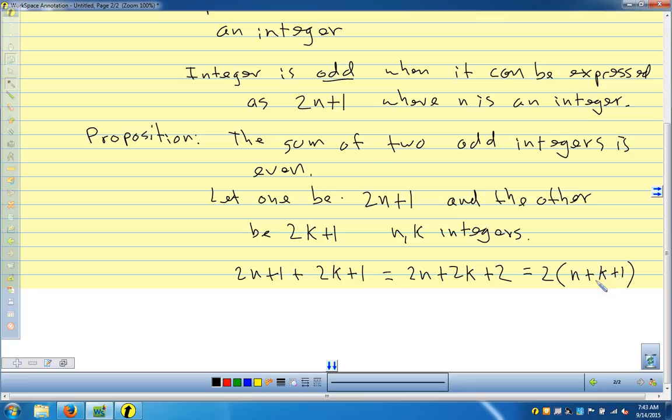So we have 2 times an integer, which is even. And we've established this proposition for every possible pair of odd integers. So that's an example of a direct proof.